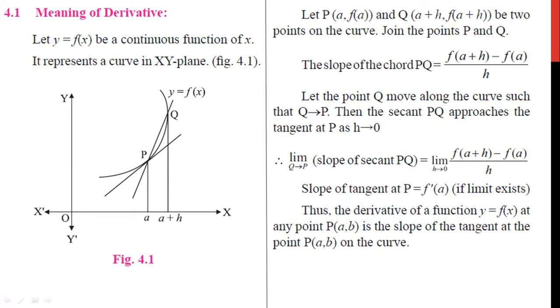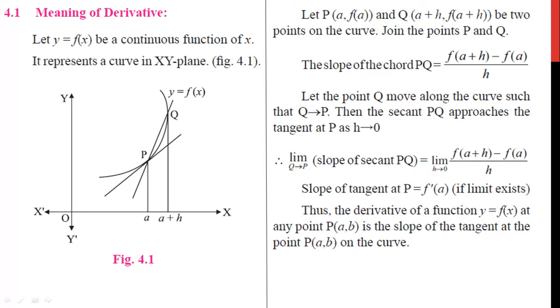Now if you join the points P and Q, then what will you get? We get the chord PQ, and what will be the slope of chord PQ? As you know, if any 2 points on a line are given, how do we find the slope of that line?